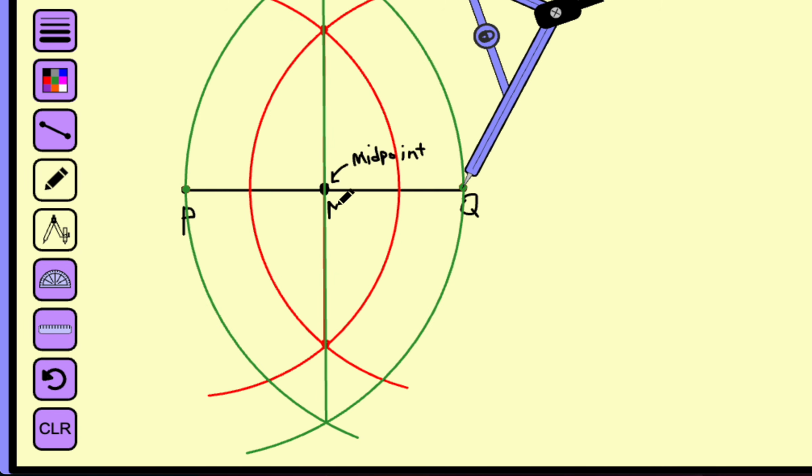I'm going to call this just point M for midpoint. I know from this that PM is congruent to MQ, so we should label that with our appropriate markings. Then also, I know that this is the perpendicular bisector, and we know that perpendicular lines always form right angles. So we have 4 different right angles that are created, and you guys should label this in your diagram as well.